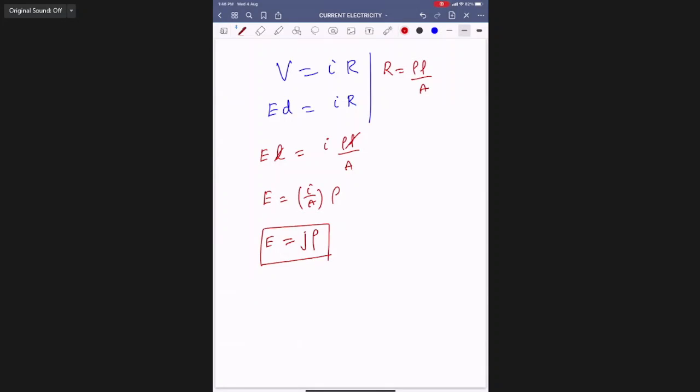So this and this are the same only. So this is V equal to IR. Which law? Ohm's law. This is also what we can call Ohm's law, because that is derived from Ohm's law only, an alternative form. Got it?